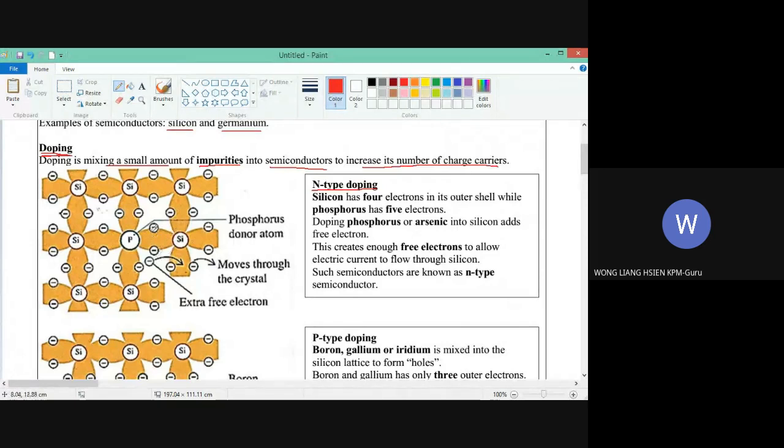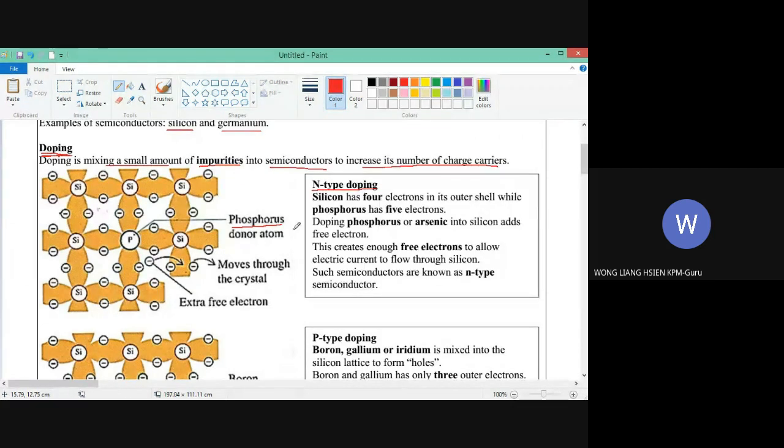So how? We dope a pentavalent atom. For example, phosphorus. Phosphorus has 5 valence electrons. So that means it has 1 extra valence electron compared to silicon.